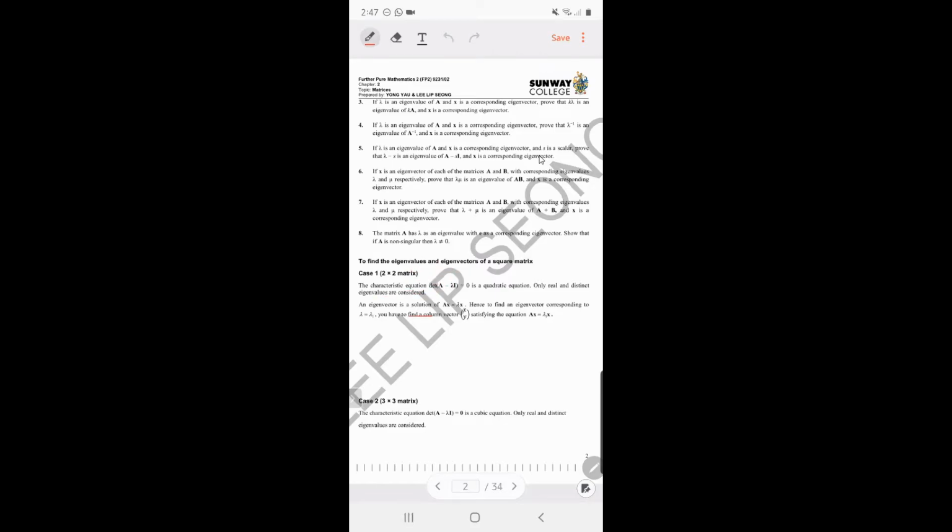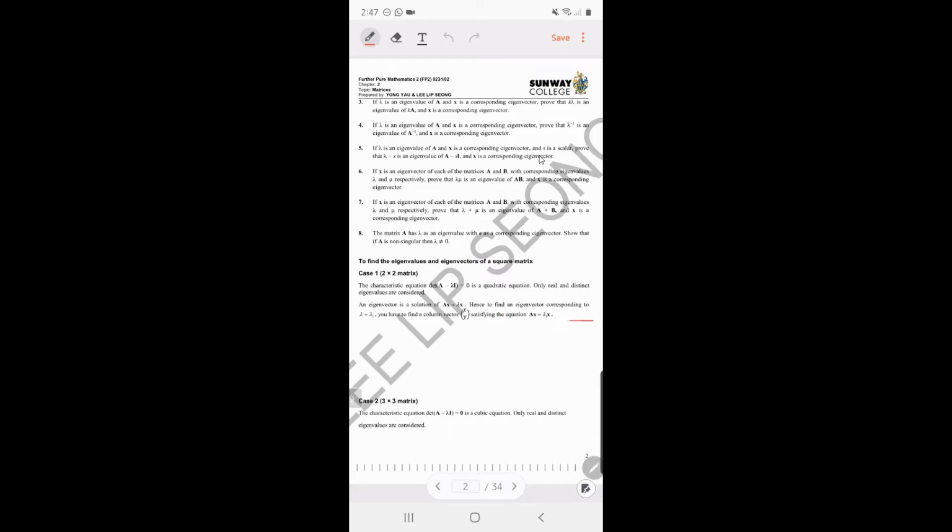Now the characteristic equation, determinant of A minus lambda I equals to 0, is a quadratic equation. Only real and distinct eigenvalues are considered. In our syllabus, we only consider real and distinct values of lambda. An eigenvector is a solution of Ax equals lambda x.